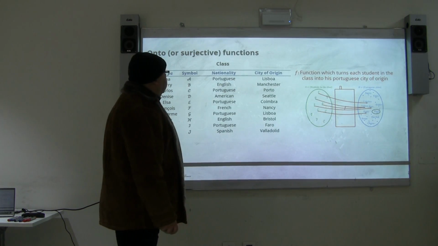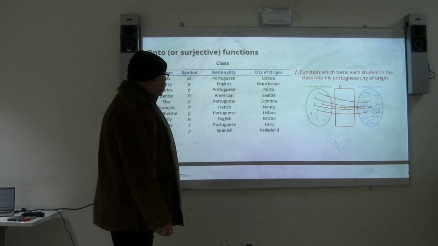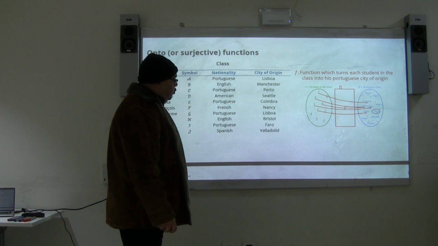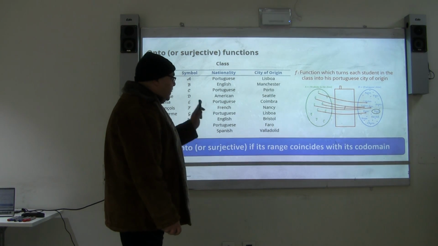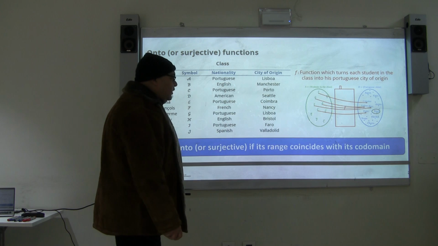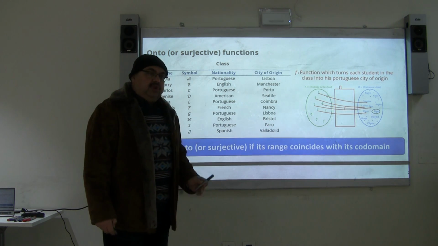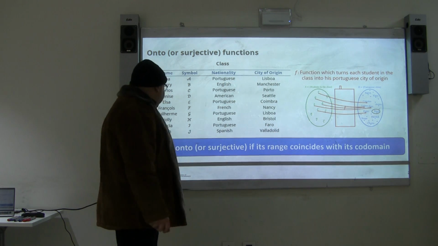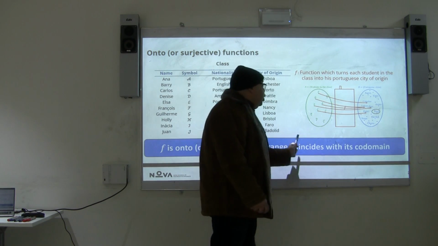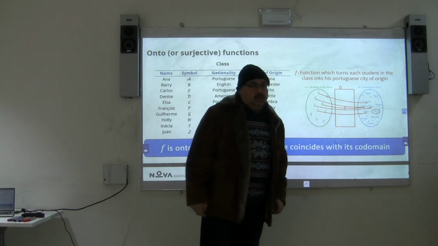Okay, very good. This is also another example for checking whether the range covers the codomain or not. If I look exactly at this example, you will find that it is not surjective. Surjectiveness means f is onto, or surjective, if its range coincides with its codomain.